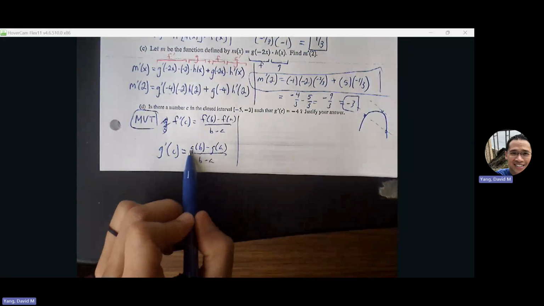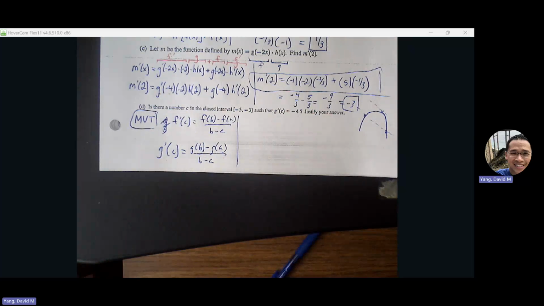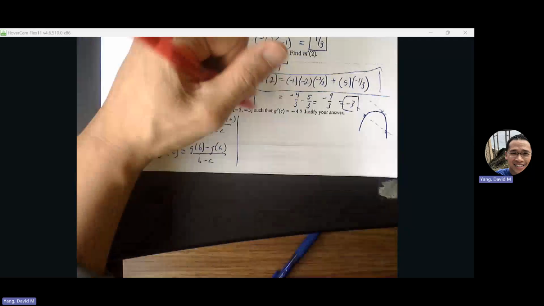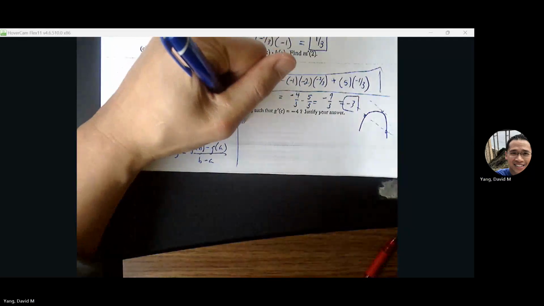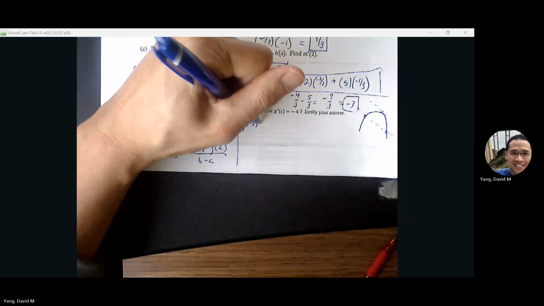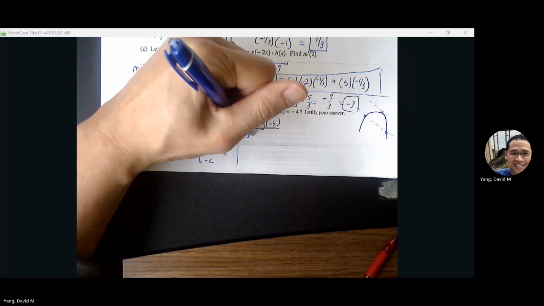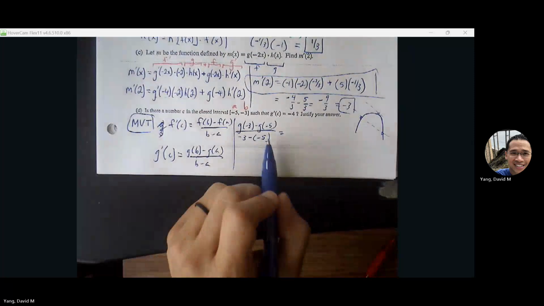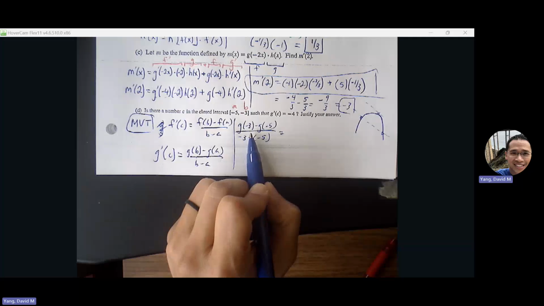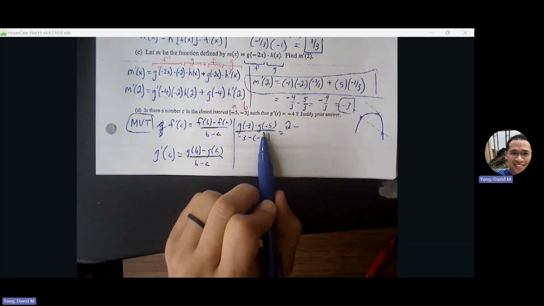Okay, what can I plug in for a and b? Yeah, the endpoints are provided here. So a is -5 and b is -3. Okay, so g of -3, we go to our table. g of -5, we go to our table.